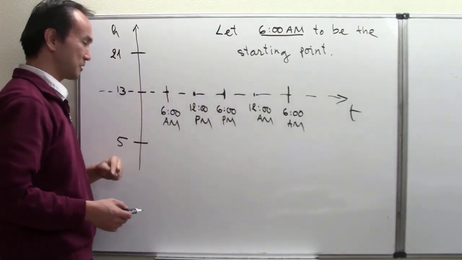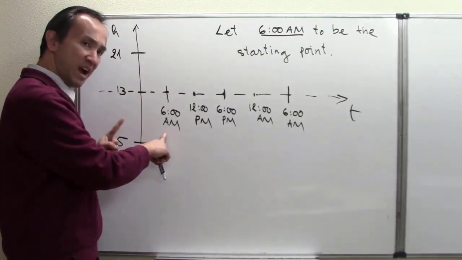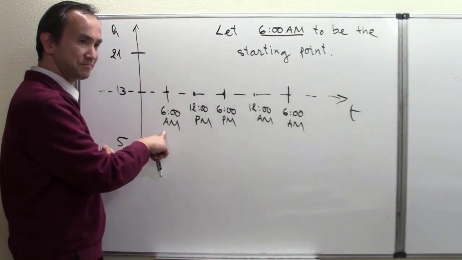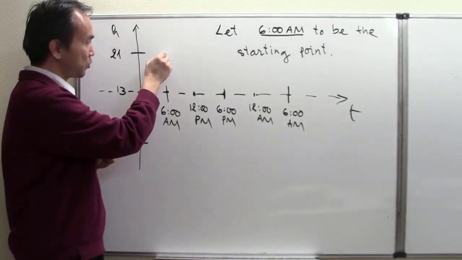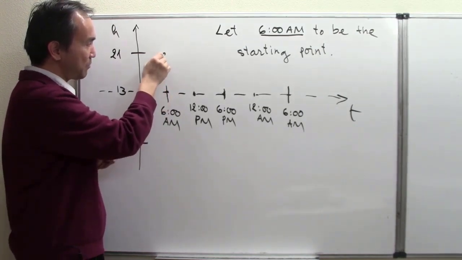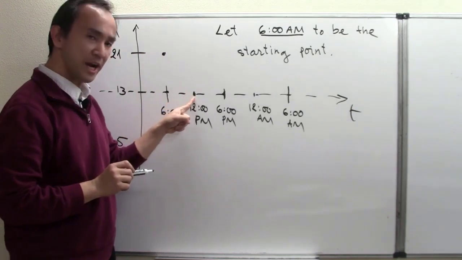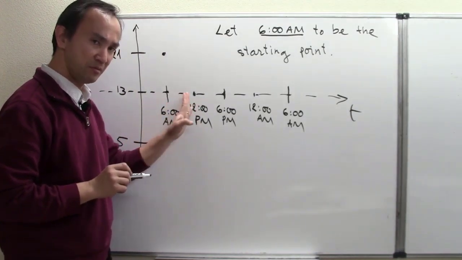So now here's the thing. Let's put in our plotted points. At 6 a.m. we are given the data: the tide is at high tide, 21 feet. So I'm starting with a high point. We were not told anything regarding exactly 12 p.m., so I'm leaving it there right now.